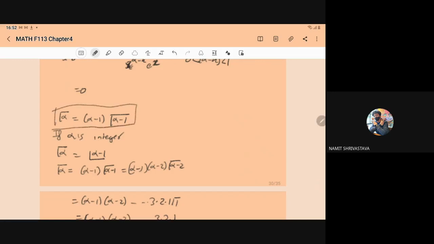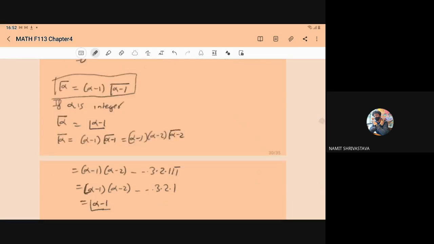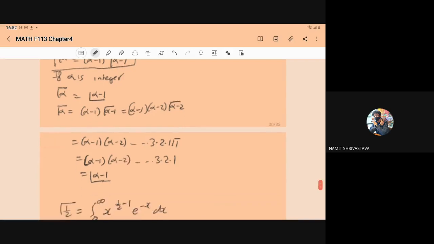Then, if alpha is an integer, gamma of alpha is nothing but the factorial of alpha minus 1. Just now you have seen gamma of alpha can be written as alpha minus 1 times gamma of alpha minus 1. Gamma of alpha minus 1 can be written as alpha minus 2 times gamma of alpha minus 2, and gamma of alpha minus 2 as alpha minus 3 times gamma of alpha minus 3, and so on.